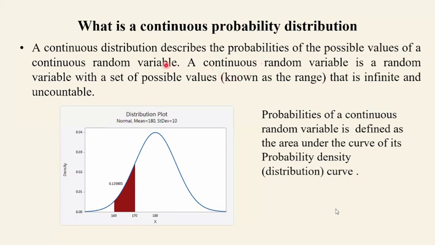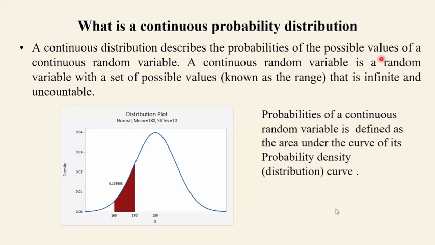So what is a continuous probability distribution? Now we are coming to the continuous probability distribution, right? A continuous probability distribution describes the probabilities of the possible values. Same concept, whatever probability distribution we are taking, whether it is discrete or continuous, we always have to show the probabilities and the corresponding values of the random variable.